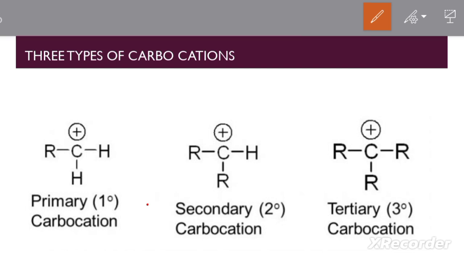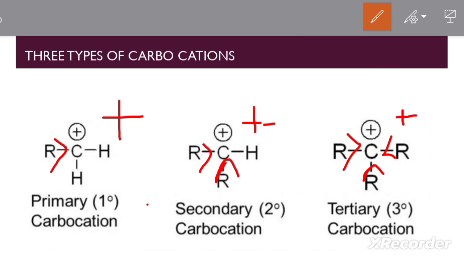So for the primary carbocation, there is one R group and it donates electrons to the carbon and its positivity is like this. And for the secondary carbocation, two R groups are donating electrons, so its positive charge is like this. And for the tertiary carbocation, there are three R groups donating electrons to it, so its positive charge is like this.